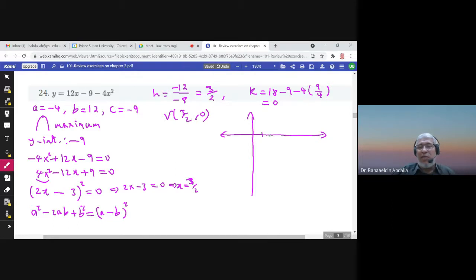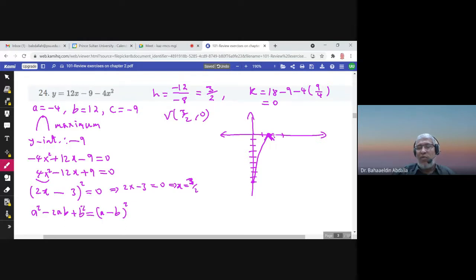So let us try to sketch the graph of this parabola. The vertex is 3 over 2 and 0, so it is here. This is the vertex, and the parabola opens downwards. It goes like this, and that's why it has only one x-intercept. This is -9, so this is the y-intercept of the parabola. Okay, and this distance from the vertex to the 0 is 1.5.